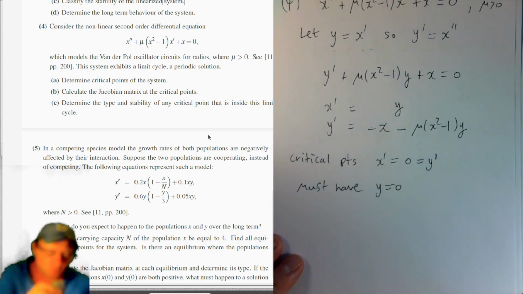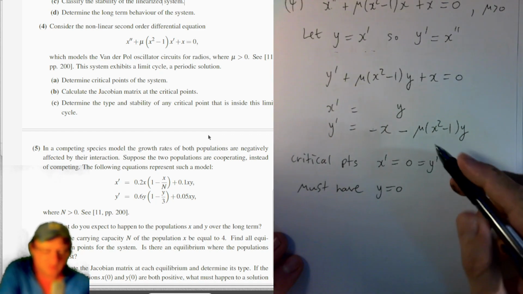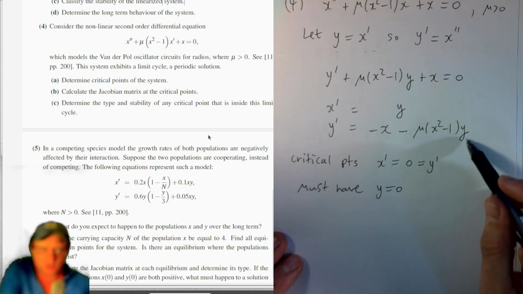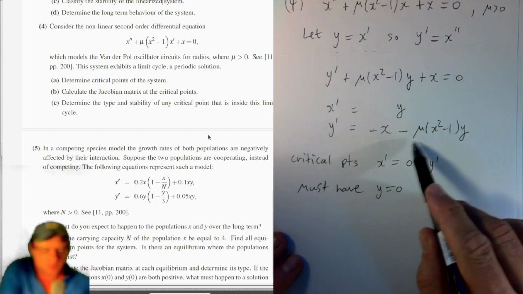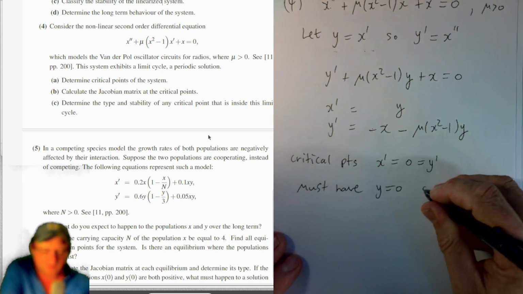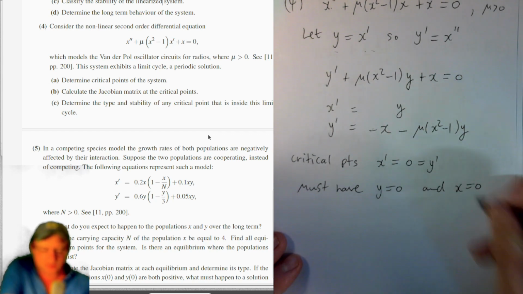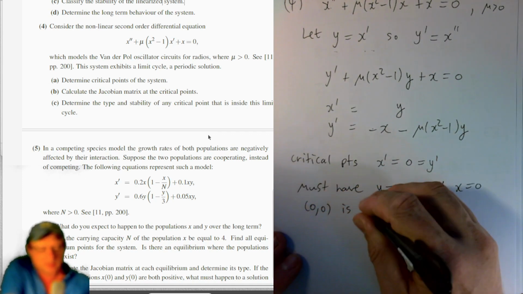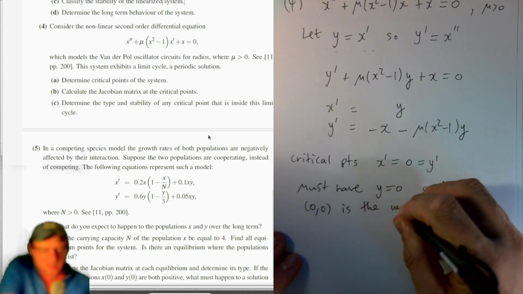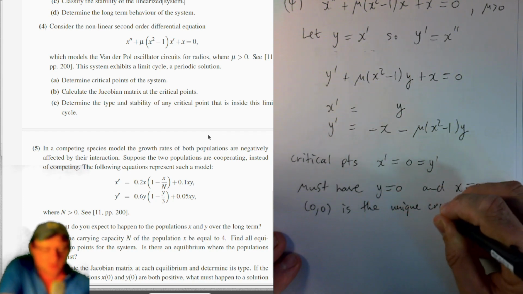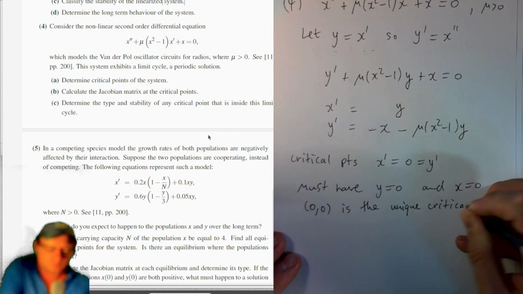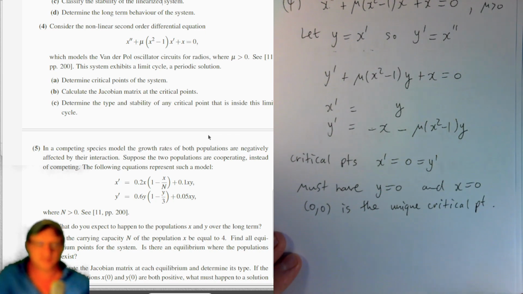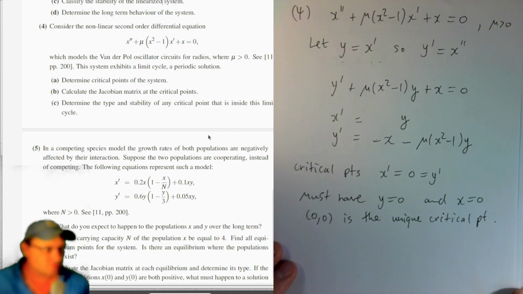And so if we have y equals 0, then subbing that 0 in there, if this is equal to 0, then we must also have x equals 0. So 0, 0 is the only or unique critical point of that system. Okay, so we've done part A.